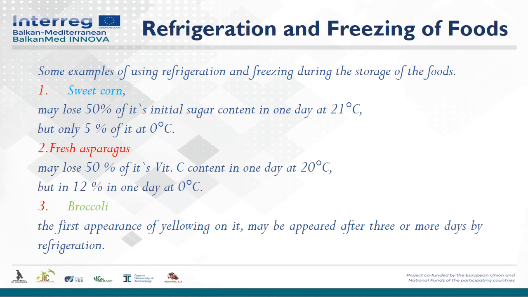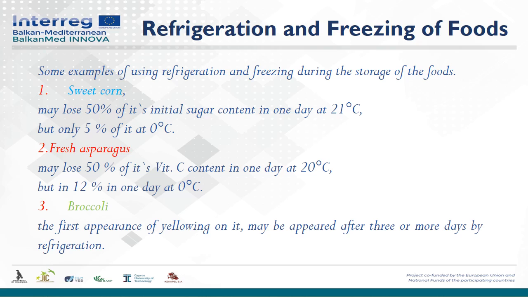These processes or reactions are related with the deterioration and loss of quality and nutrients in food products. Let's mention some examples of food products, to see how helpful refrigeration conditions are during storage.